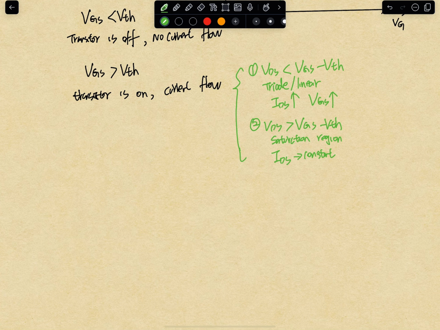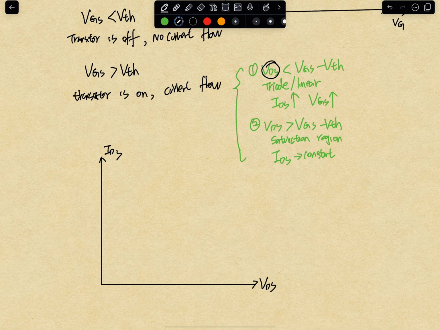Let's draw the IV curve. This one will be IDS, but in this case we use the x-axis as VDS, because VDS is the determining factor of whether it's in the triode or saturation region.